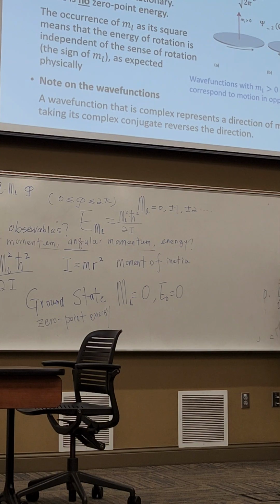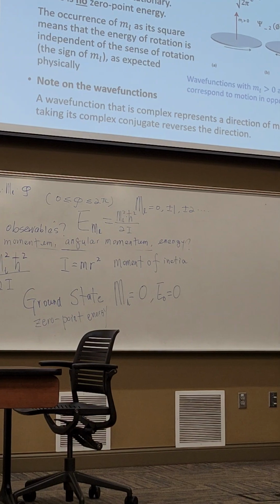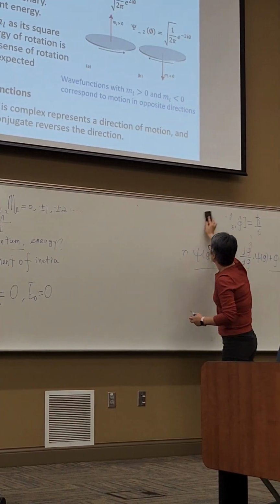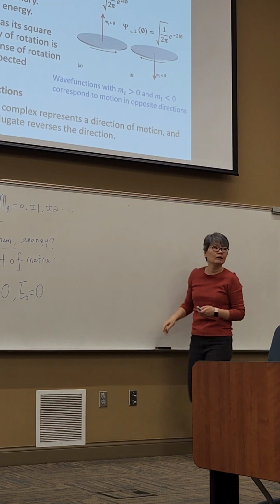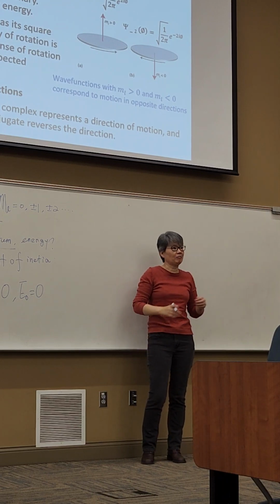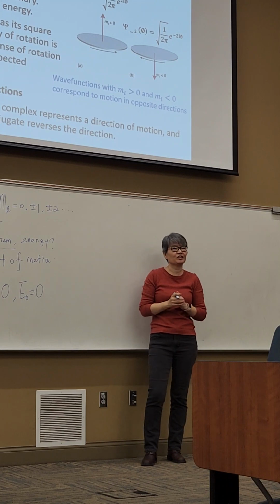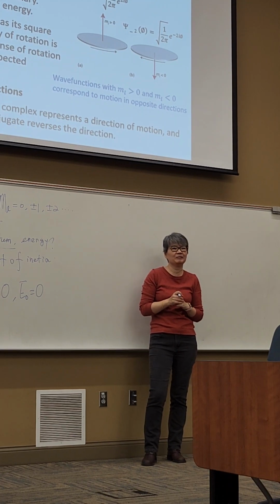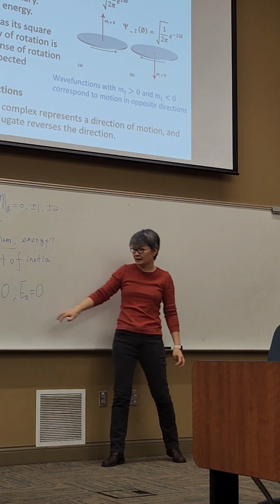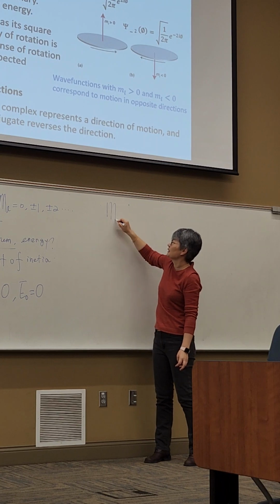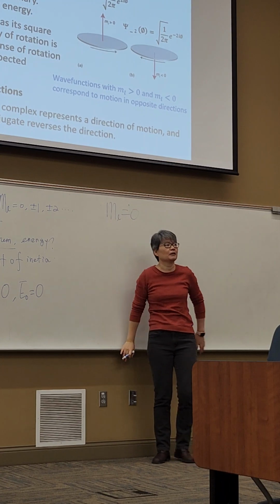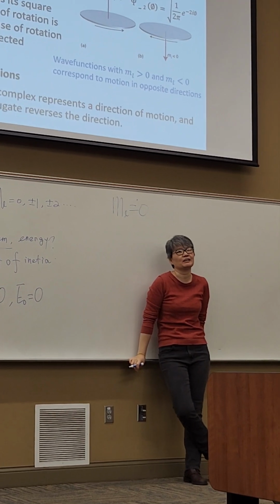When the system is at the ground state, the m sub L is 0, because the ground state is your lowest energy state, right?